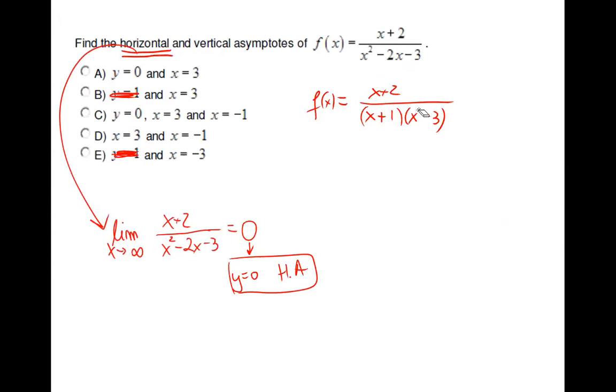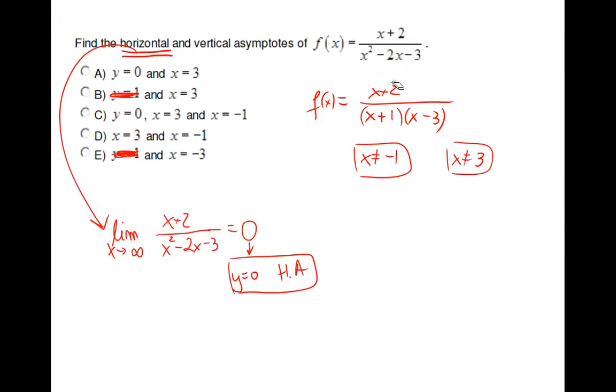From this function, it looks like we don't have common factors. That means I will not cancel out any of the factors. Now I can see that x equals -1 is not in the domain, and x equals 3 is not in the domain. Those are the potential candidates for the vertical asymptotes.